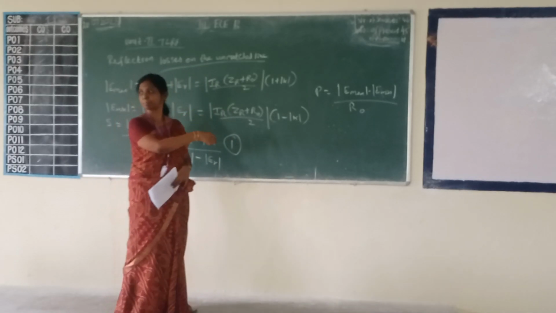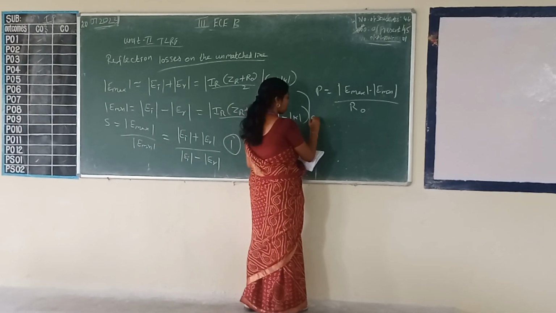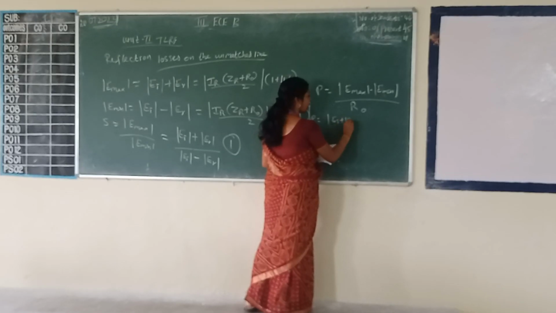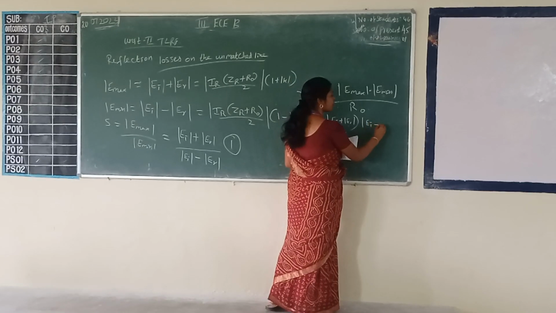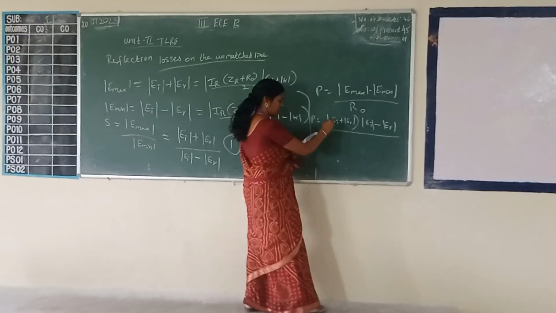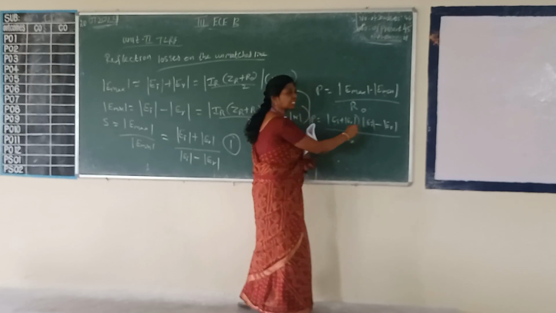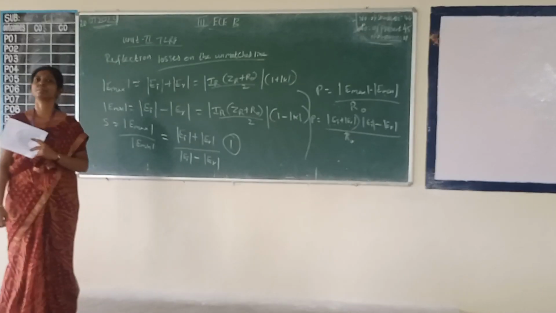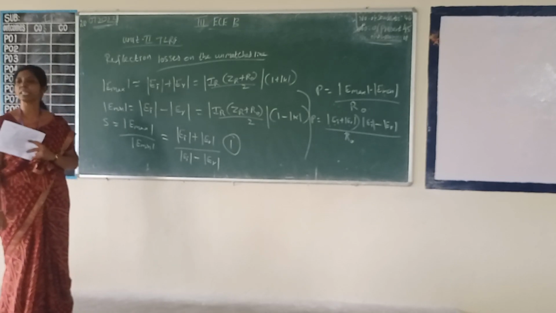Substitute that. P is equal to, substitute this equation. P is equal to modulus of EI plus ER into modulus of EI minus ER by R naught. We are just substituting the E maximum and E minimum values.